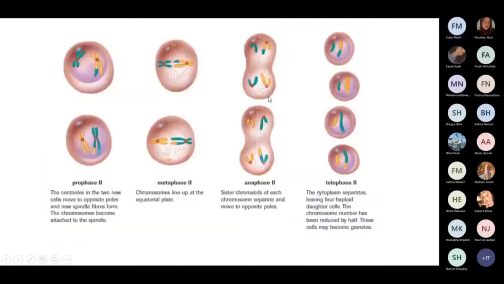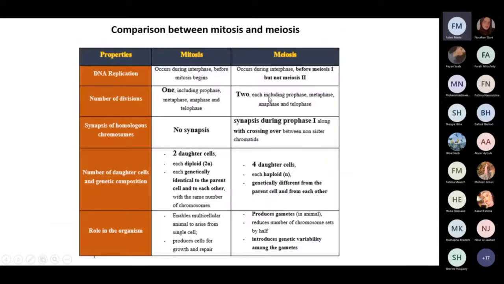Okay. Now, what is the difference between the mitosis and the meiosis? In both of them, as we said, we have a DNA replication that happens just before, in the interphase, before the cell enters mitosis and before its entry in meiosis.